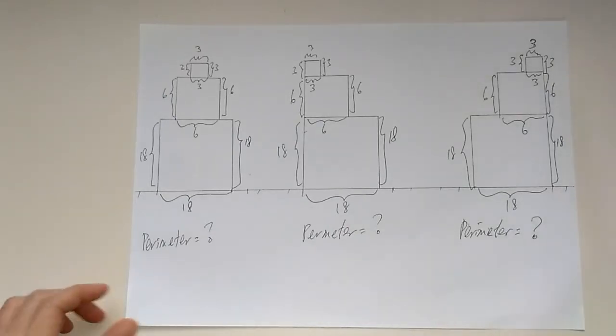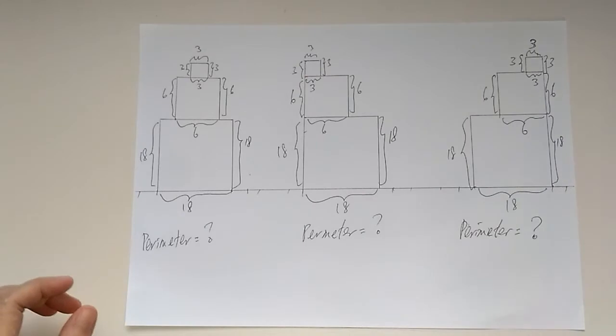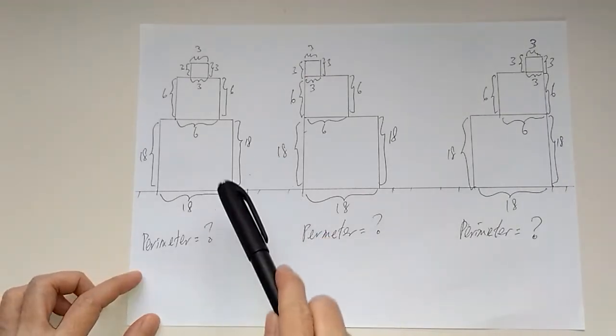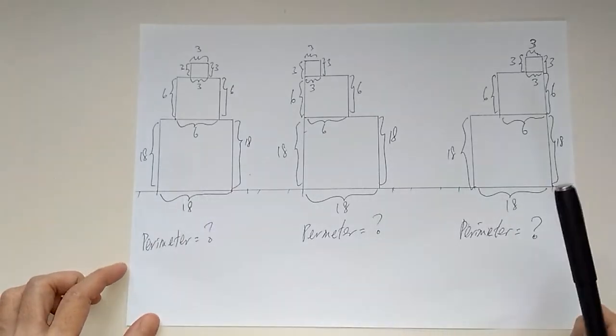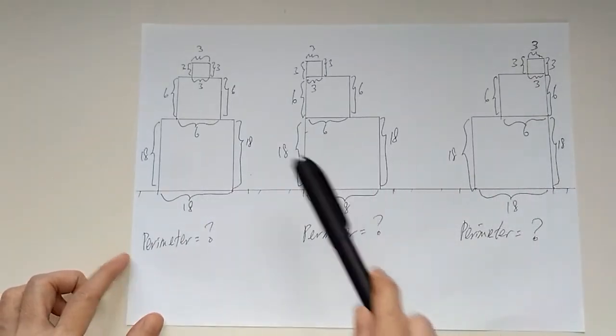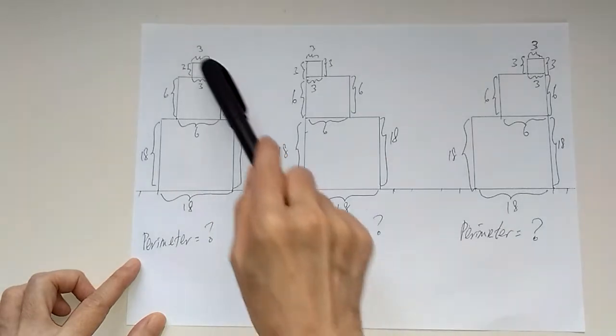In my last video, I asked about finding the perimeter of this figure. The answer that I got was 90 cm. Now I'm going to show you other methods of finding the perimeter of this figure.